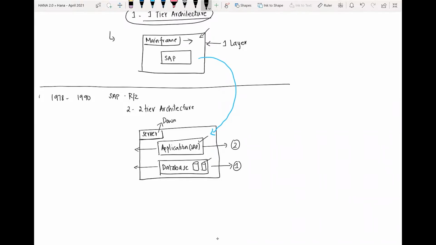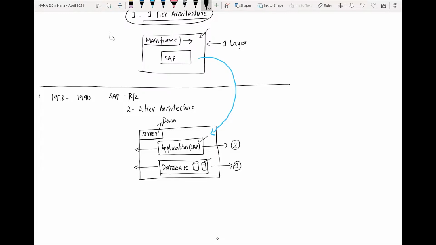Can they still be up and running? If the server itself is down, can the underlying application and database be supported at that time? No, right? Because if the main box itself is switched off, the application and the database also will get switched off along with it. So that was the disadvantage with this particular approach.